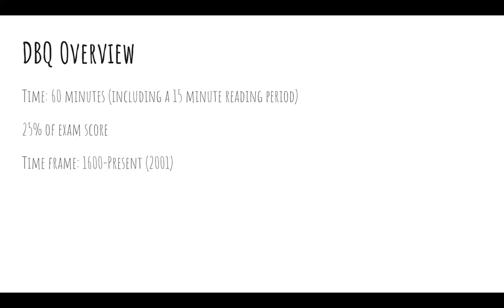And then the time frame: your DBQ topics are always going to lie from 1600 to the present. So 1600 is a little bit of an arbitrary, random date. But think about what's going on. In 1600, you've got the end of the Renaissance, the Reformation is over. You've got absolutism cranking up.